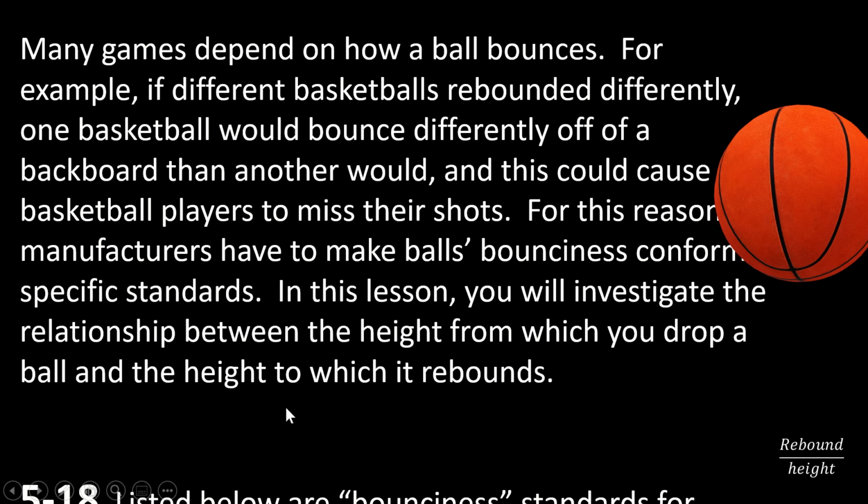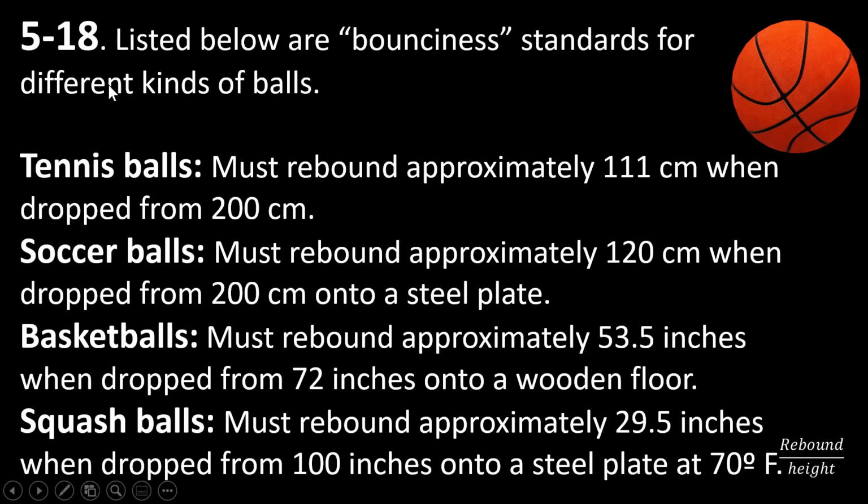In this lesson, you will investigate the relationship between the height from which you drop a ball and the height to which it rebounds. Listed below are the bounciness standards for different kinds of balls. So a tennis ball must rebound approximately 111 centimeters when dropped from 200 centimeters.